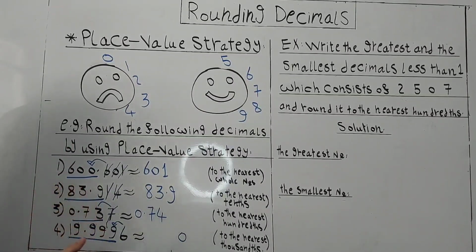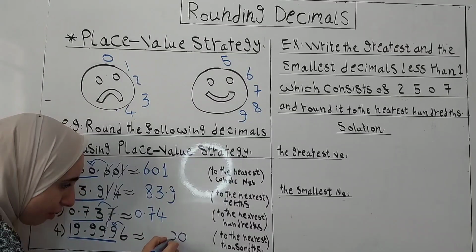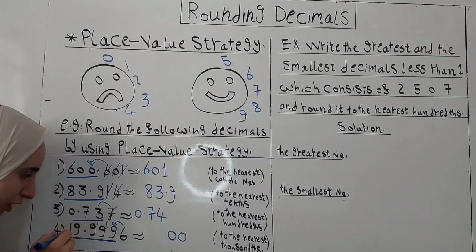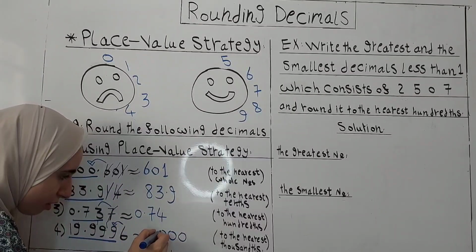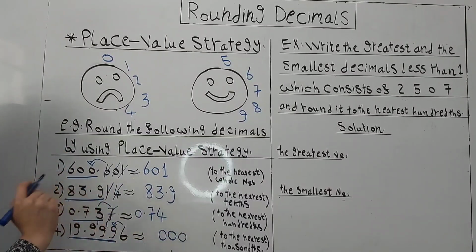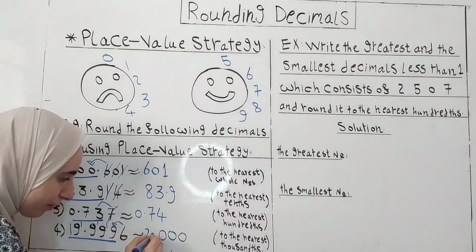1 plus 9 equals 10. Also, can you write 2 digits in one place? No. So we write 0 and carry 1 to the digit in the next higher place. It will be 10, so we write 0 and carry 1 to the next higher place. 1 plus 19 equals 20.